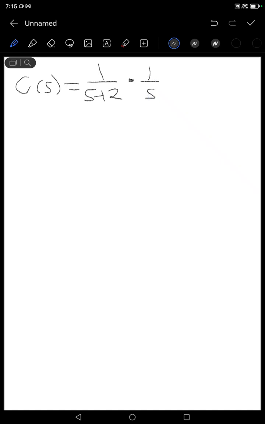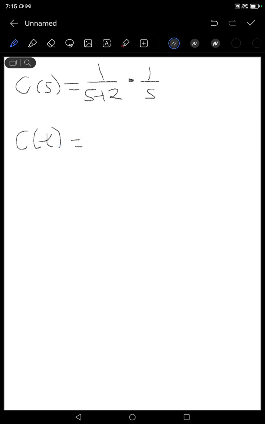We were given r(t) as u(t), and when we check, u(t) is equal to 1 over s. And then from here we are looking for the response c(t). So to get the response c(t), we introduce the inverse Laplace.